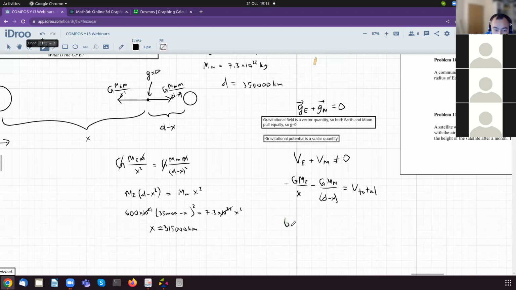And GPE is the total potential multiplied by the mass of the satellite, which is 1. So you get a number. This is a number which is less than 0, of course. Gravitational potential is 0 at an infinite distance from any objects. And gravitational potential at all other points is negative.